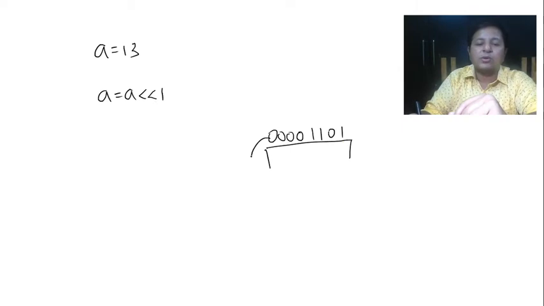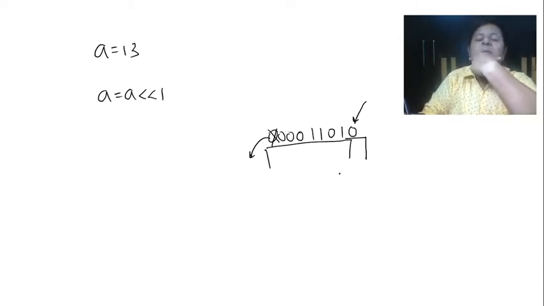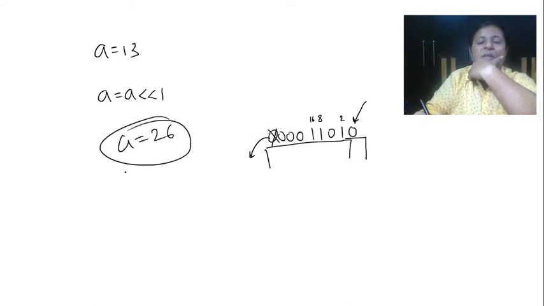This 0 falls down, and an extra space is created that will be padded by 0. That's how it gets shifted by 1 bit to the left. Now what is this value? 16 plus 8 is 24, plus 2 is 26. So the final value of a is 26.